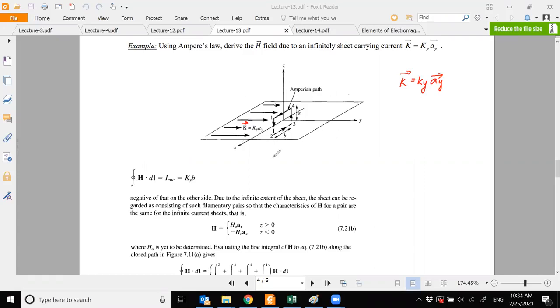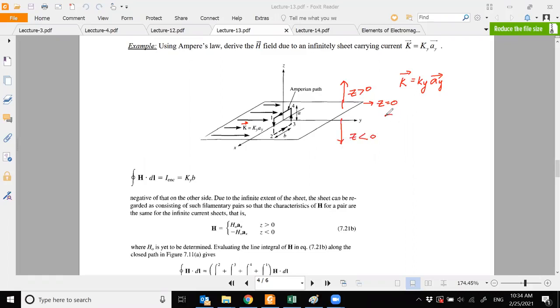Now, how do you apply Ampere's law here? You can apply Ampere's law by putting a small Amperean path here. And remember one thing, this sheet is placed in the XY plane, so it is placed at Z equals 0. This side is Z greater than 0, and this side is Z less than 0.